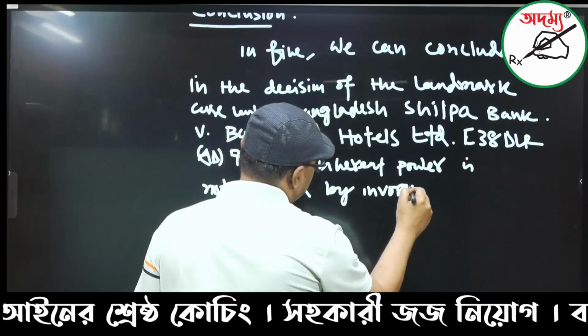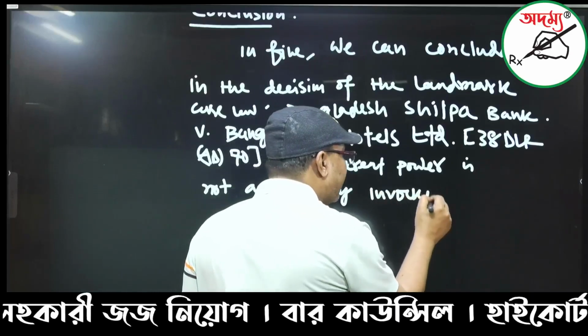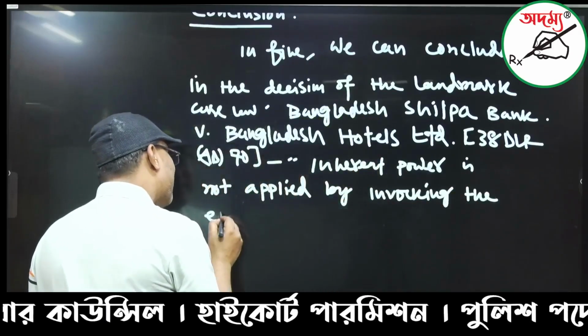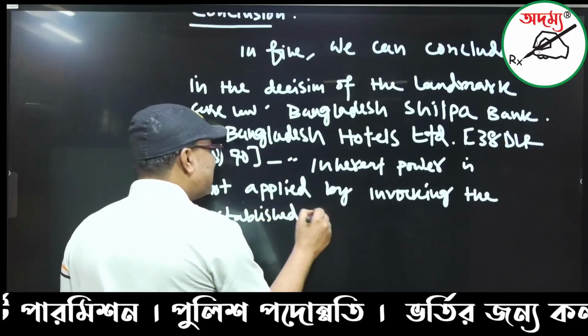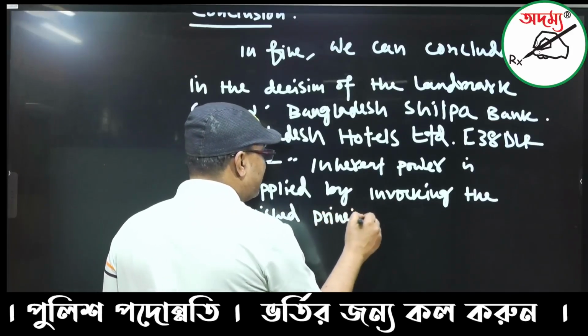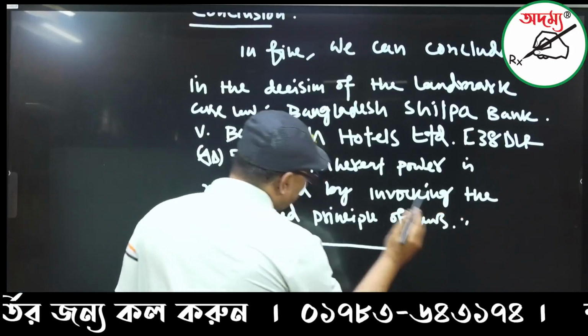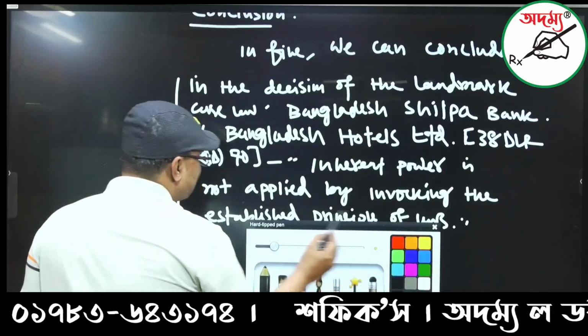What exactly is invoking? Oh my God, this is invoking the established principles of law. Oh my God, established principles. Established principle of the provisions of principle of laws. So this is the ending moment. Through this, you can easily get a lot of marks on your kata.